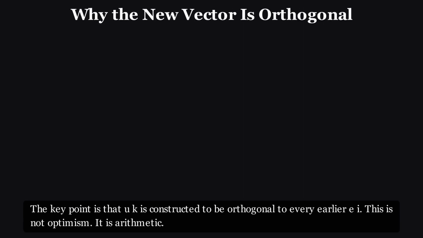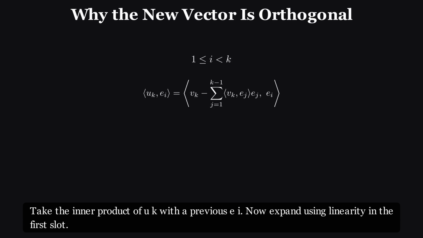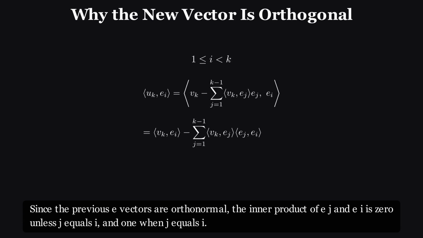The key point is that Uk is constructed to be orthogonal to every earlier Ei. This is not optimism. It is arithmetic. Take the inner product of Uk with a previous Ei. Now expand using linearity in the first slot. Since the previous E vectors are orthonormal, the inner product of Ej and Ei is 0 unless j equals i, and 1 when j equals i.